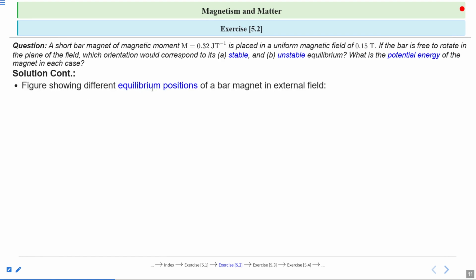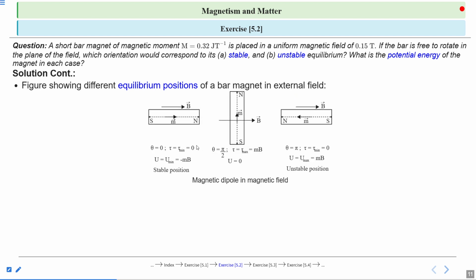Now we will display a figure showing the different equilibrium positions, stable and unstable, and also a non-equilibrium position of a bar magnet in an external field. So this is the figure.